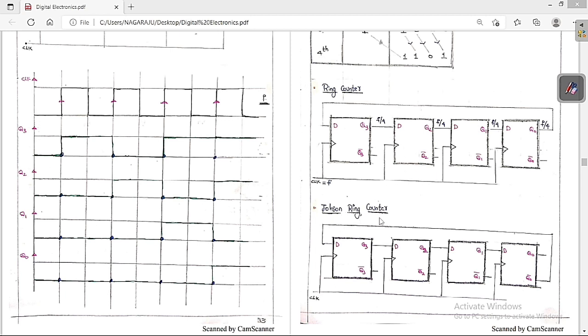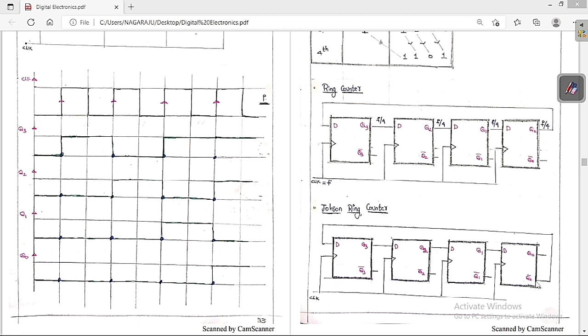Now let me tell you about the Johnson ring counter. Johnson ring counter means if you take feedback from Q0 bar to D, it is called the Johnson ring counter.